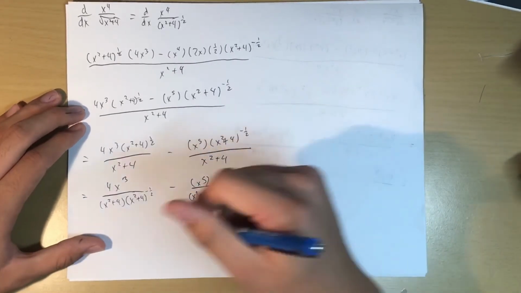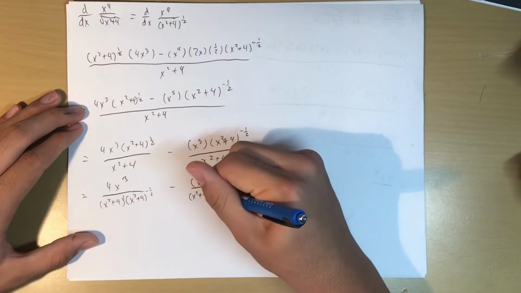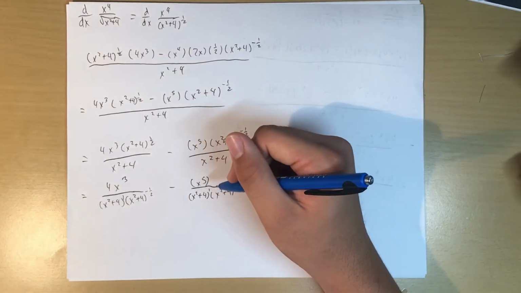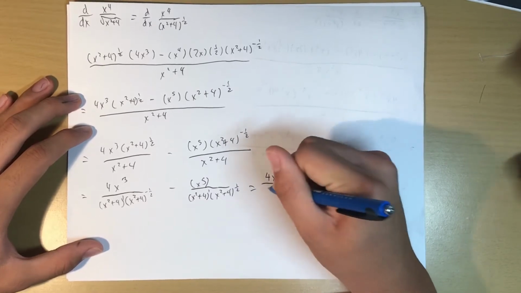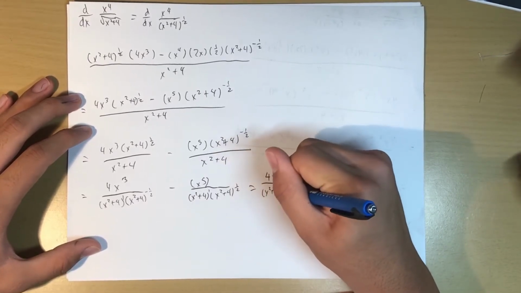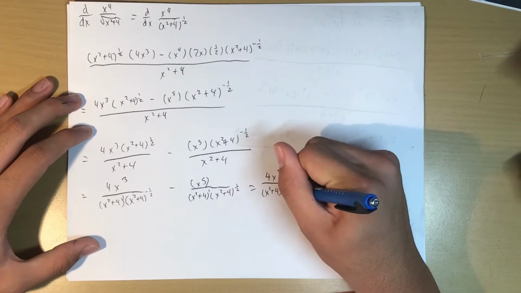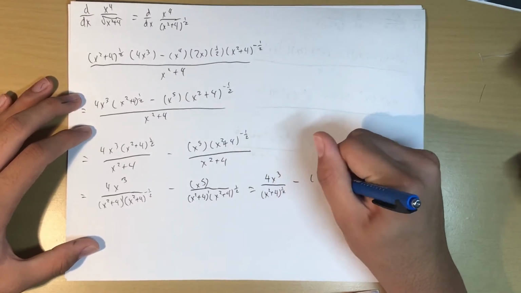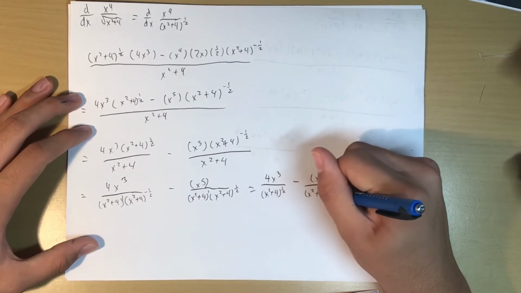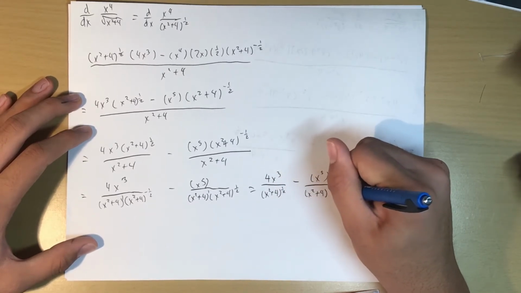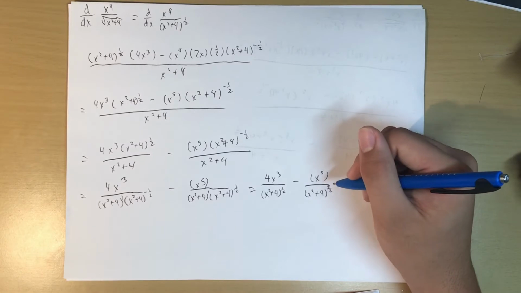Okay, so this is basically to the first power, and this is the first power. And we know when we multiply exponents, we add. So this becomes 4x to the third times x squared plus 4 to the 1/2 power minus x to the fifth divided by x squared plus 4 to the 3/2 power, because 1 plus 1/2 is 3/2.